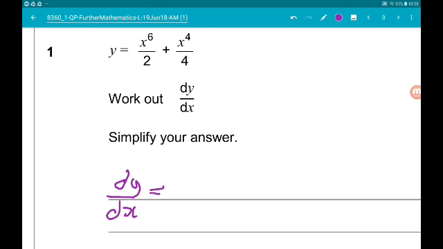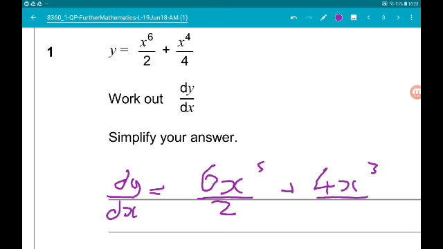So when we differentiate x to the power of 6, the 6 comes down in front. The power of x decreases by 1, so we get 6x to the 5 over 2, and then add. Here the 4 comes down, so we get 4x, and the power goes down by 1, so we get 4x cubed over 4.